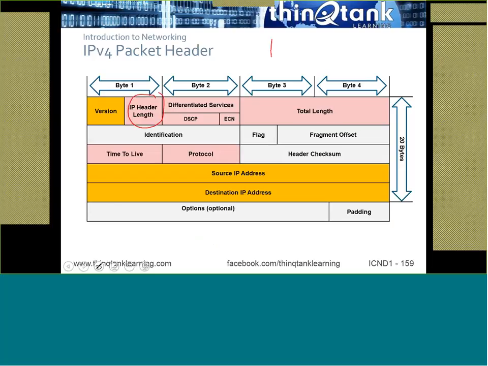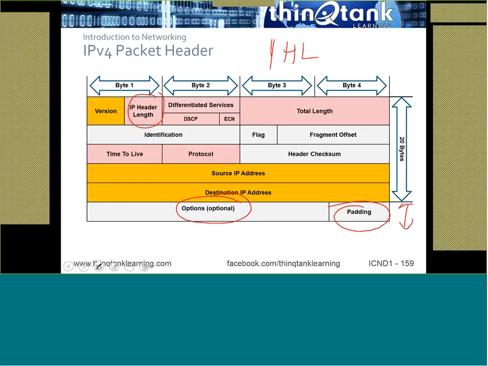It's called the IHL, IP header length field. Anytime you see an IHL or a header length field in any header, it means that the header can change in size. This particular header can be 20 bytes, but you can see down here we have some options and some padding, so I can go above 20 bytes if necessary.